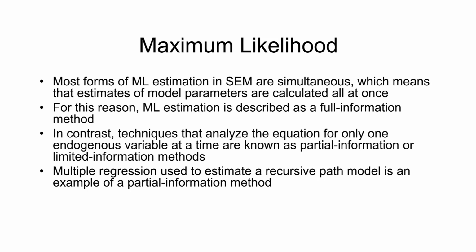So this is quite a valuable thing. It also is a full information method, and what that means is it's not going to delete people who have missing data. So if a person is missing, they lost one of their self-report measures, that person's still in the data set, and all of that person's information is going to be used every place else. So it's really helpful if you've got missing data. It just uses what is available.